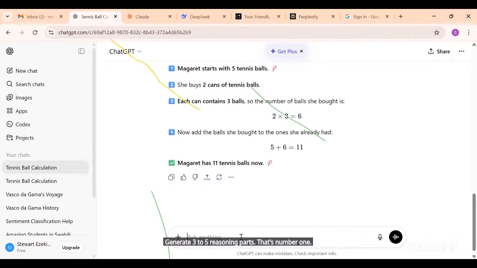Number 2, solve the problem in each path.